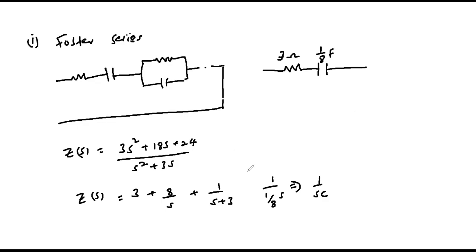Finally, we have the term 1 over s plus 3, and that indicates we have a resistor and a capacitor in parallel.